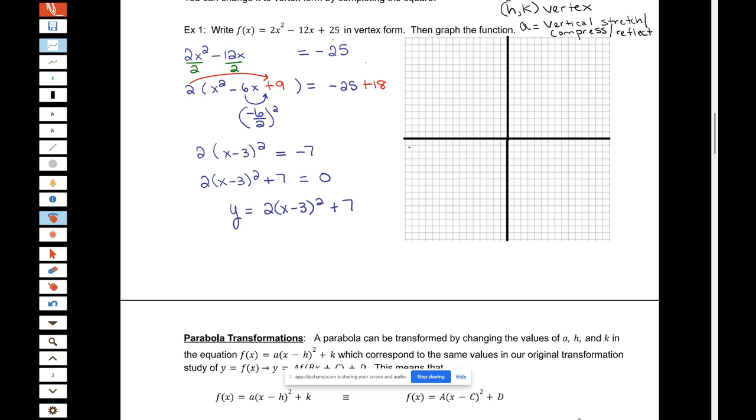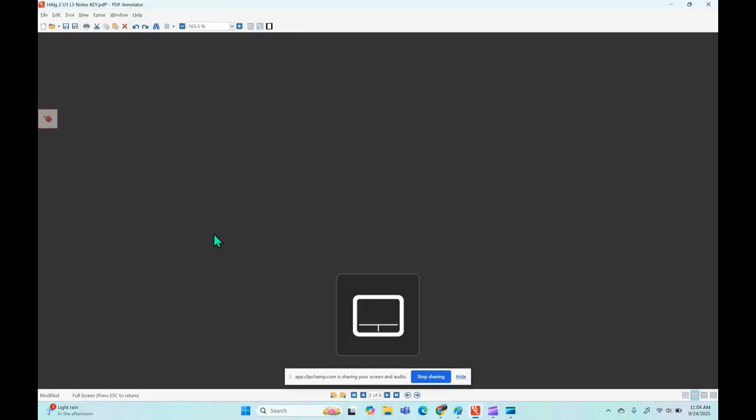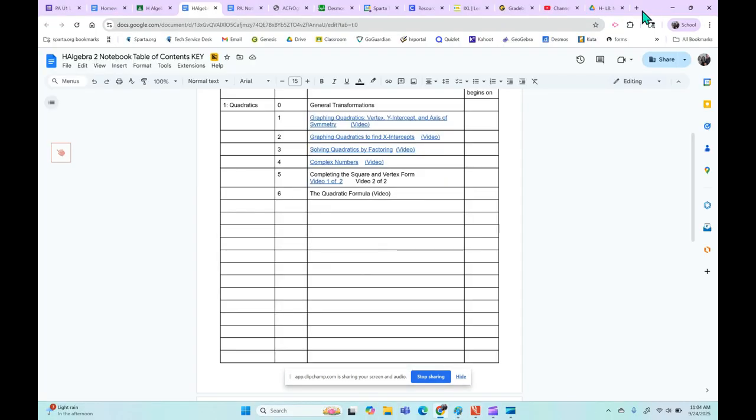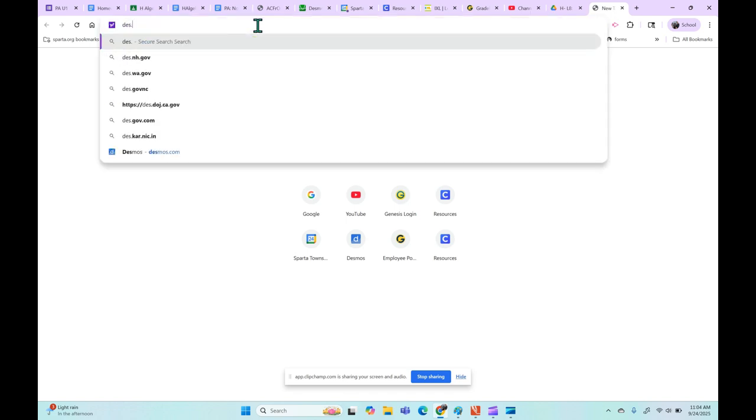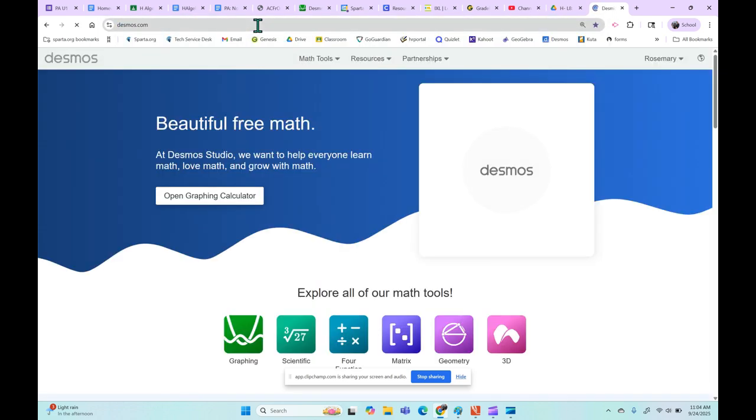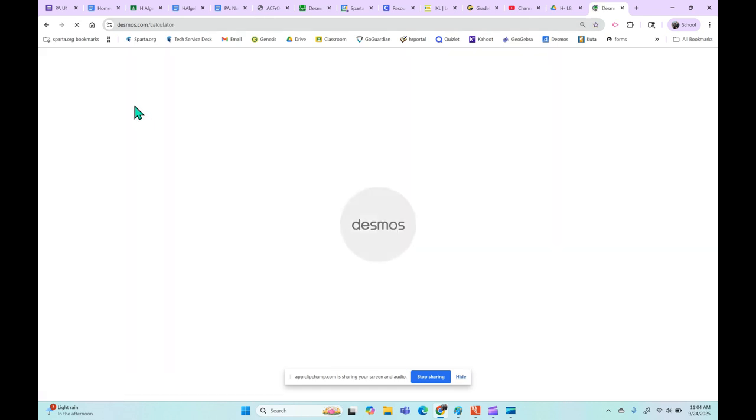Now I want you to keep in mind, you can check this by taking it and graphing it on Desmos to make sure that the two equations are equal. That will help you to see if you have any errors or if you've made an error along the way. So if I go to Desmos, I'm going to graph the original parabola.